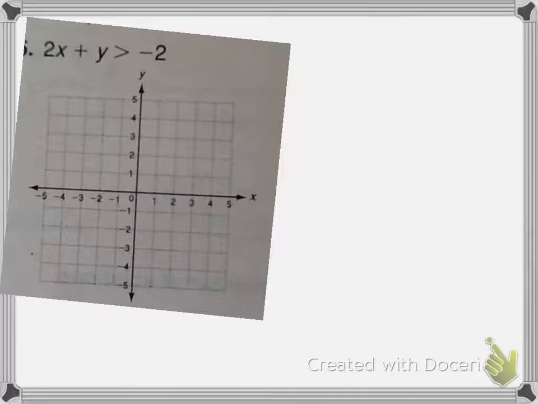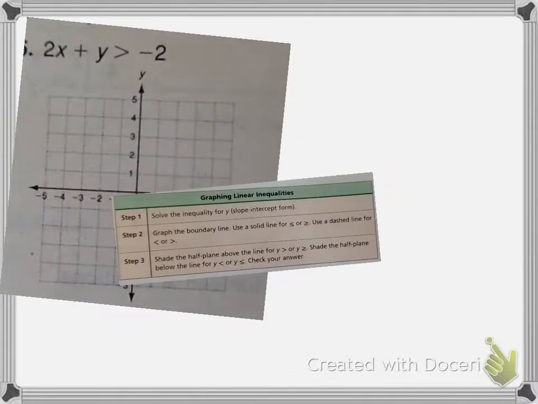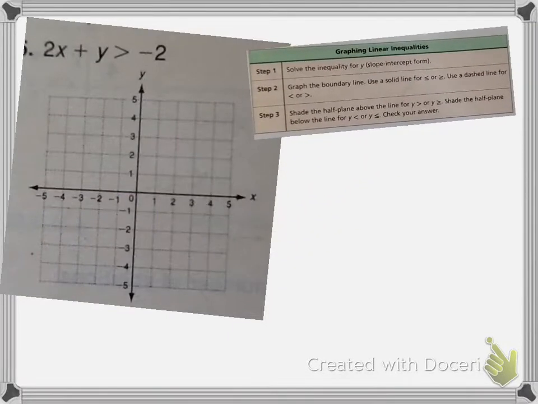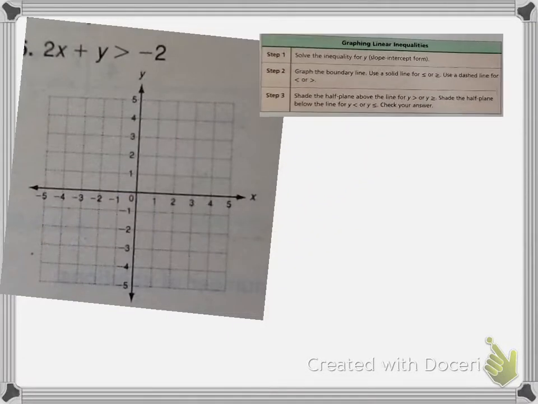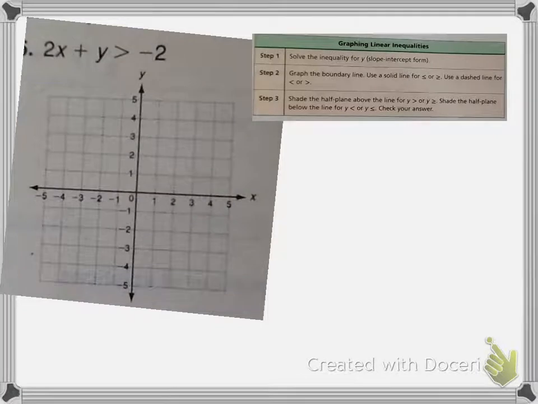All right, let's talk about graphing linear inequalities. This problem is asking us to graph this inequality. We have 3 steps. Step 1: solve the inequality for y, put it in slope-intercept form, just like we did with a linear equation.